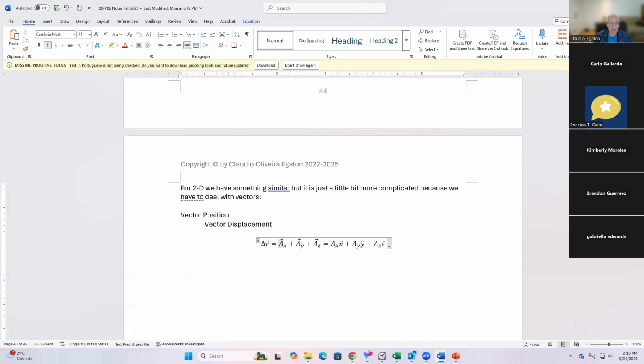And delta r is going to be what? R final, just like we have in the one-dimensional space, minus R initial, like that.